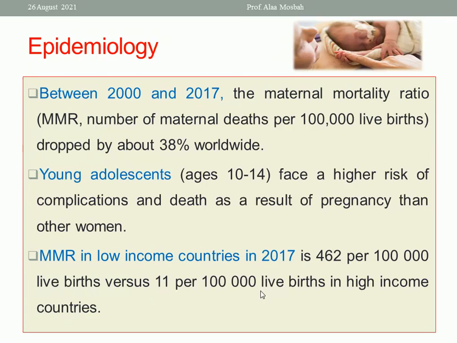That's why we should advise adolescent girls about the risk of being pregnant at such an age. The maternal mortality ratio in low-income countries in 2017 is about 462 per 100,000 live births versus 11 per 100,000 live births in high-income countries.